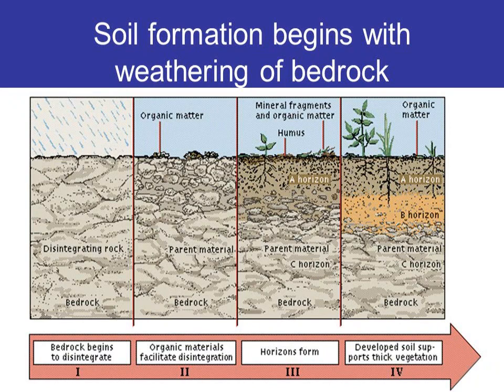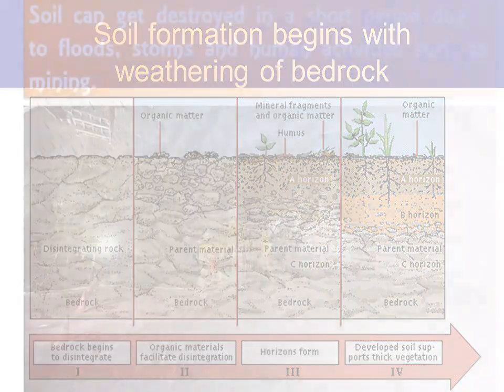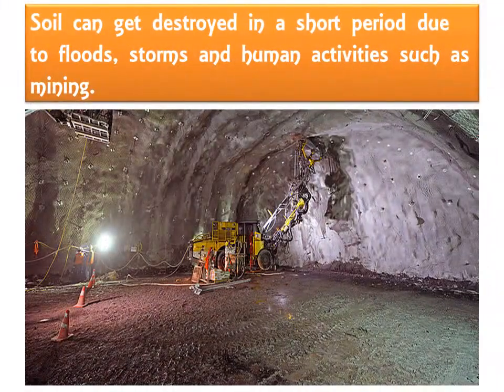Human activities and natural calamities like floods and storms cause destruction of soil. Soil can get destroyed in a short period due to floods, storms and human activities such as mining.